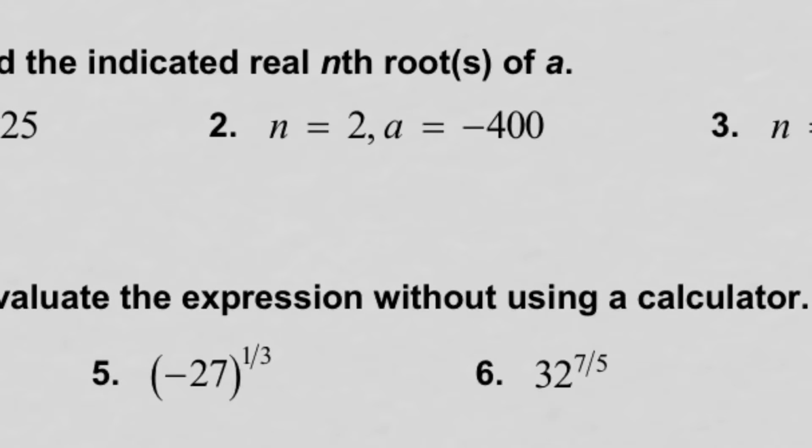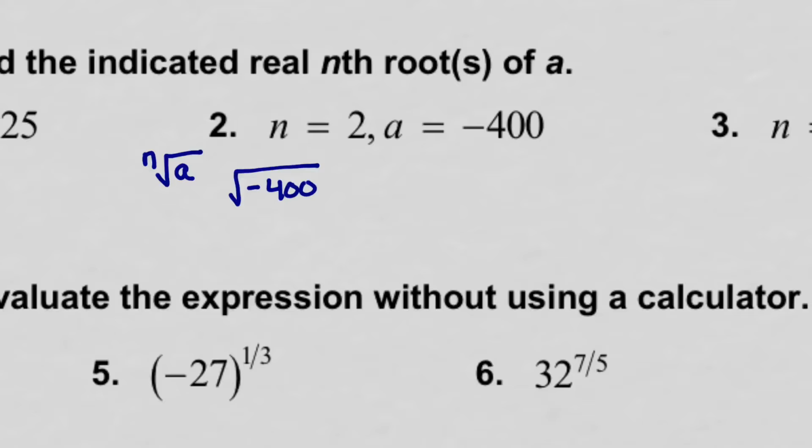Let's see my next one. Again, what is that format I'm following? The nth root of a. So I am looking for the square root of negative 400. Now, you might notice here that I didn't write a little 2 in the corner, and that's because it's assumed with the square root, but only the square root. When you do any higher root, you're going to want to write a number there that tells you what root you're talking about.